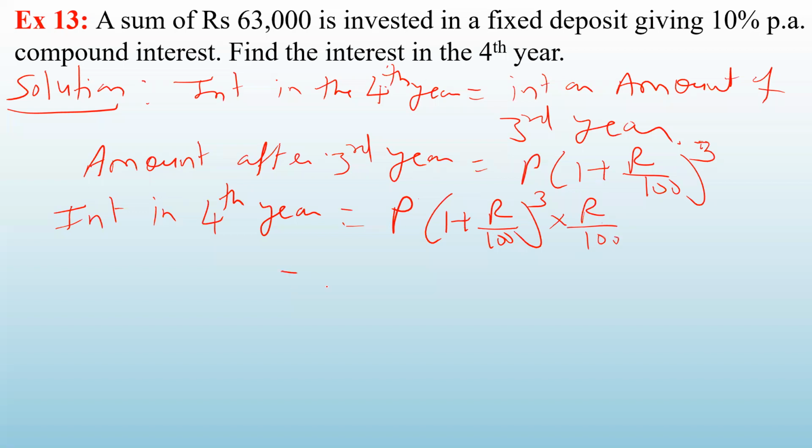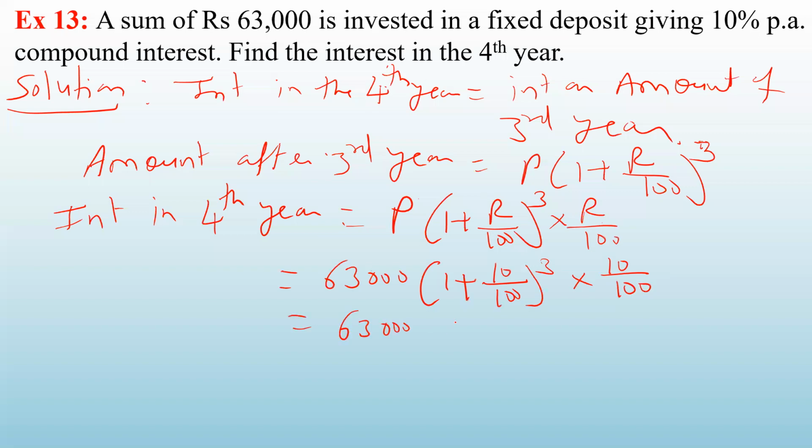Just put the values. P is 63,000. 1 plus R is 10, 10 upon 100 raised to power 3 into R is 10. So 10 upon 100. It is 63,000 into 1.1 raised to power 3 into 0.1. Calculate this.